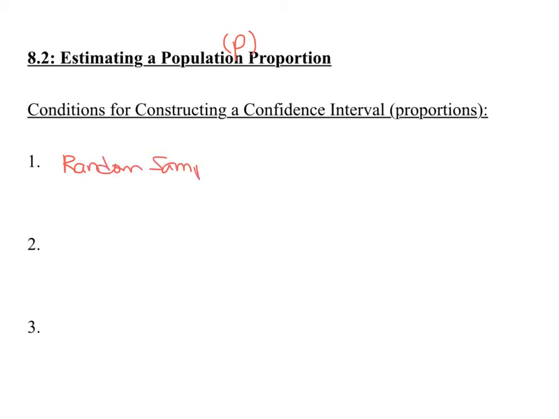Now, if they're not a random sample, there is still something that you can override it with. You can also have the assumption of independence. And so hopefully this seems familiar from a previous chapter.